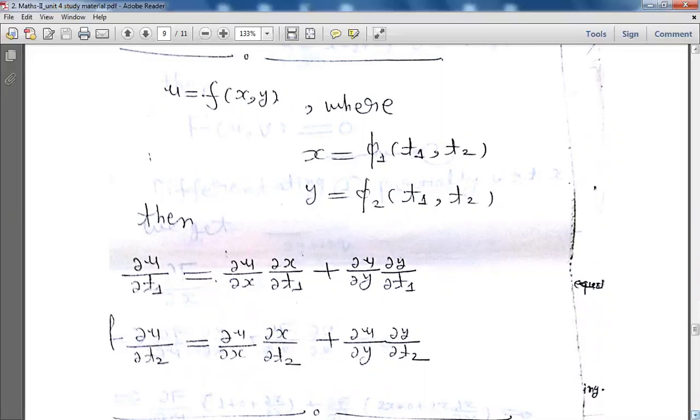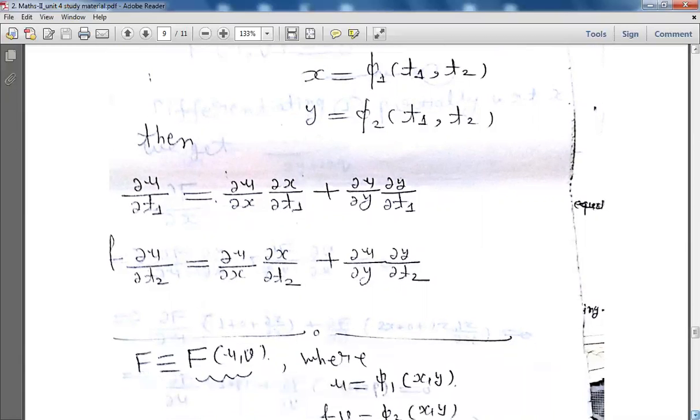The result is del u by del x into del x by del t1 plus del u by del y into del y by del t1, and in both terms we write partial derivatives of x and y with respect to t1.